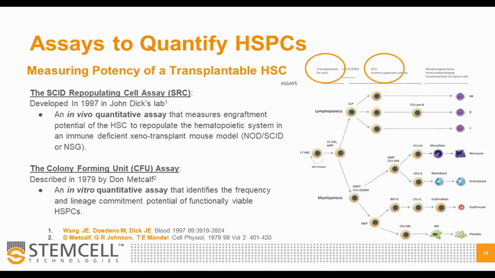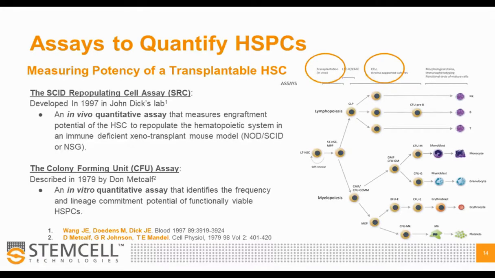The other is the colony-forming unit cell assay, or the CFU assay. That really measures the progeny of that long-term hematopoietic stem cell. So the SCID assay really measures just that ability of the long-term hematopoietic stem cell to repopulate a host for the lifetime of the animal. But the colony-forming assay really looks at the progeny of that cell, which are the progenitors that actually control and maintain the right number of blood cells on an everyday basis.